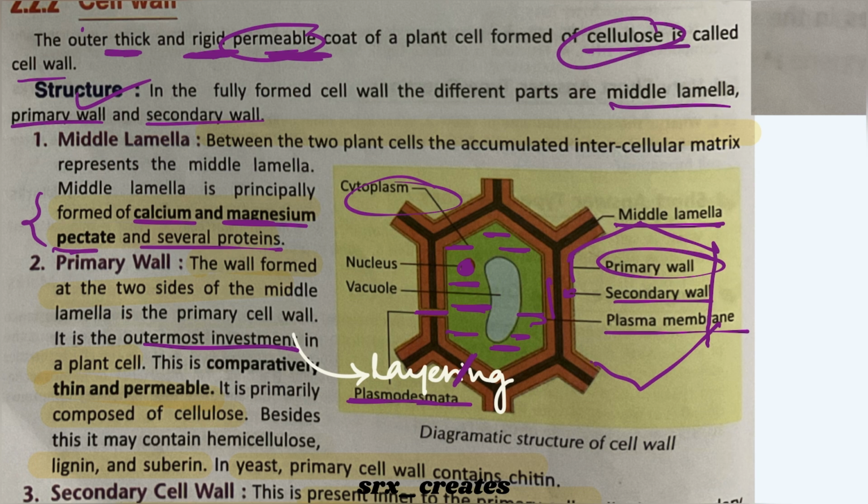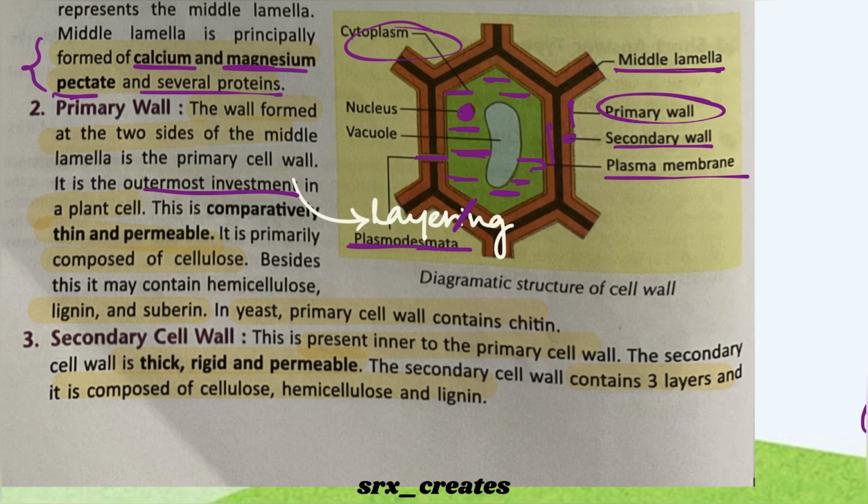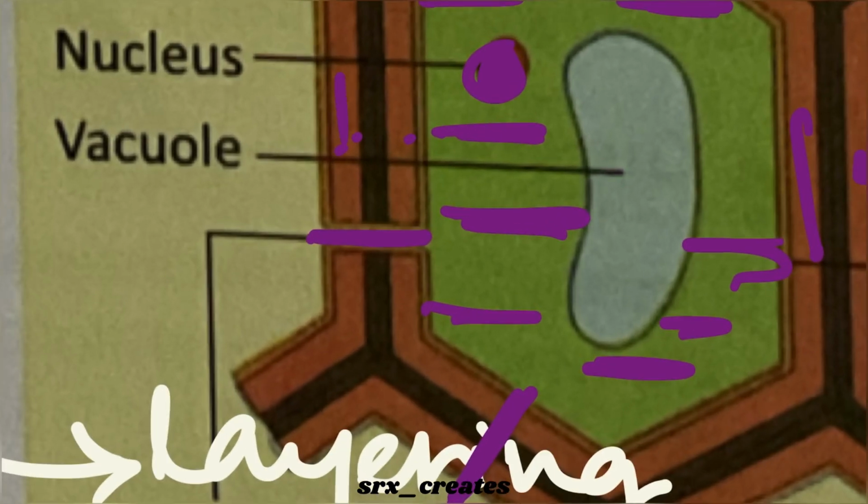The accumulated intercellular matrix represents middle lamella. Okay. Now primary wall is on the two sides of middle lamella. See, there are two primary walls, this portion and this portion, two primary walls and one middle lamella. Clear?